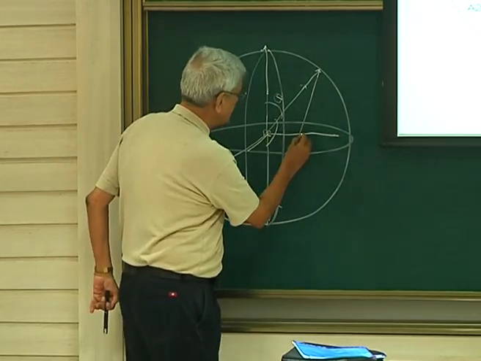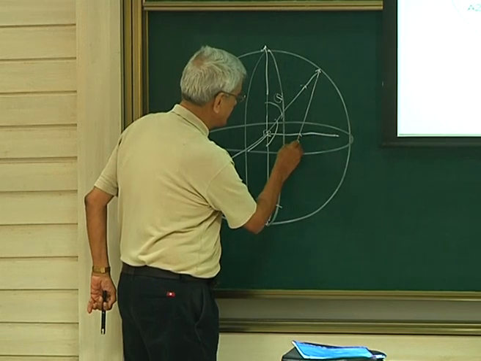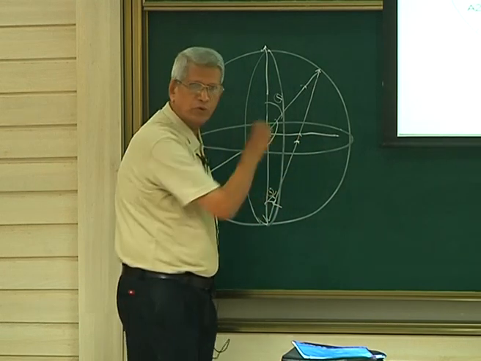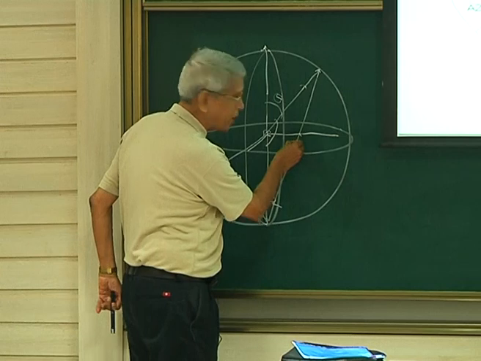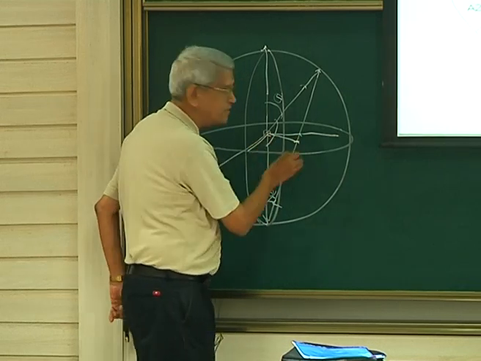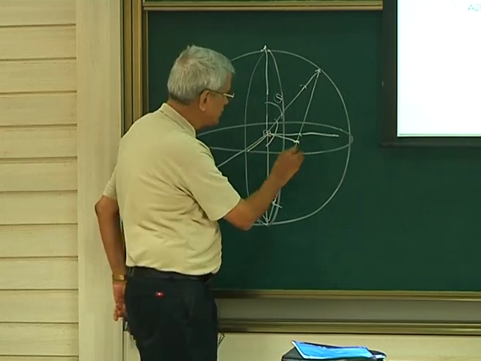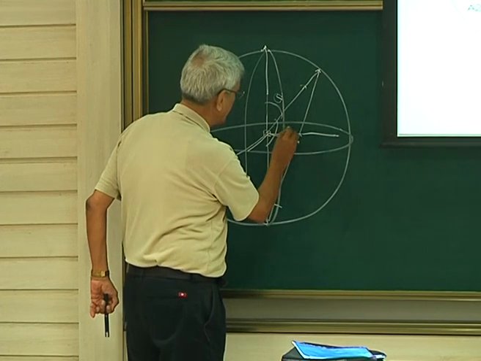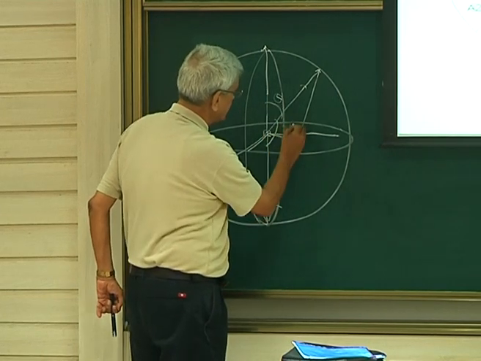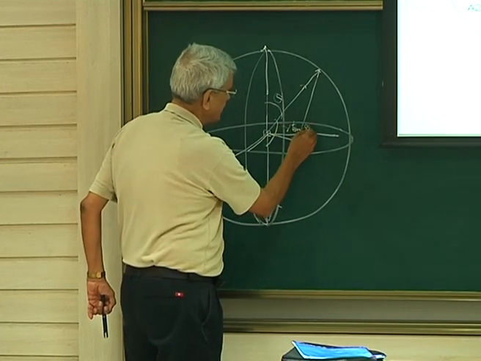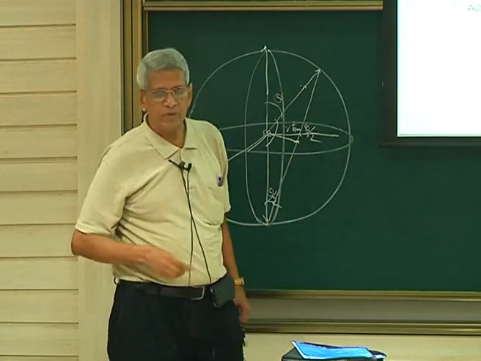Then what is the distance if it touches the equatorial surface at some particular point? This distance will be essentially nothing but, if the radius is r, r tan theta by 2.